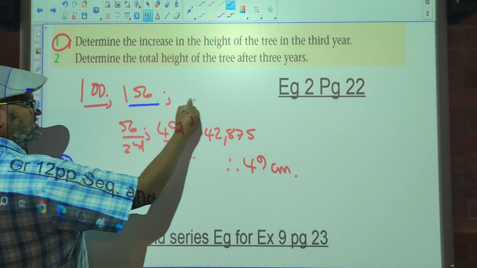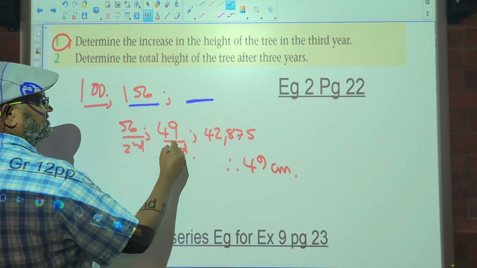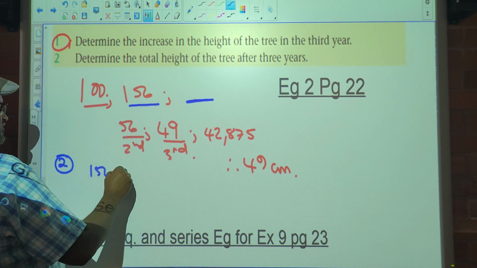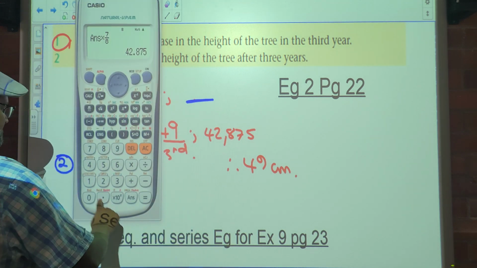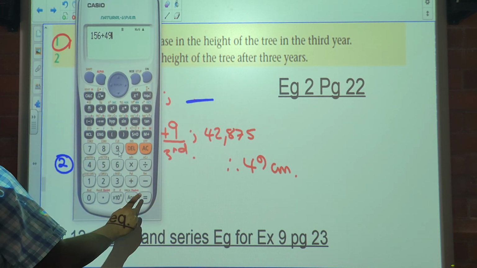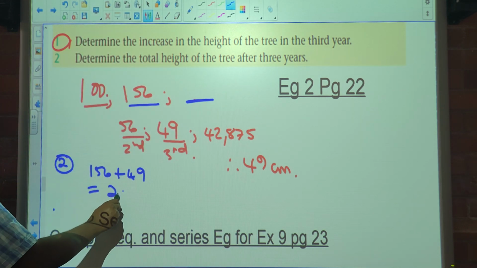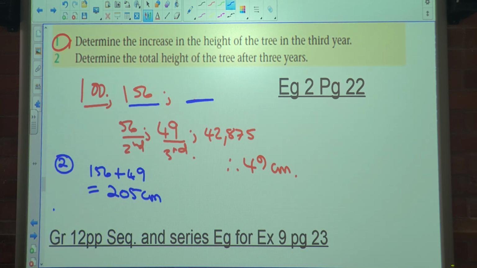After the third year, it's going to be the value I'm looking for. How do I get to that value? You add 49. So it's 156 plus 49. Here's an answer of 205 centimeters or 2.05 meters in height. Does it make sense?